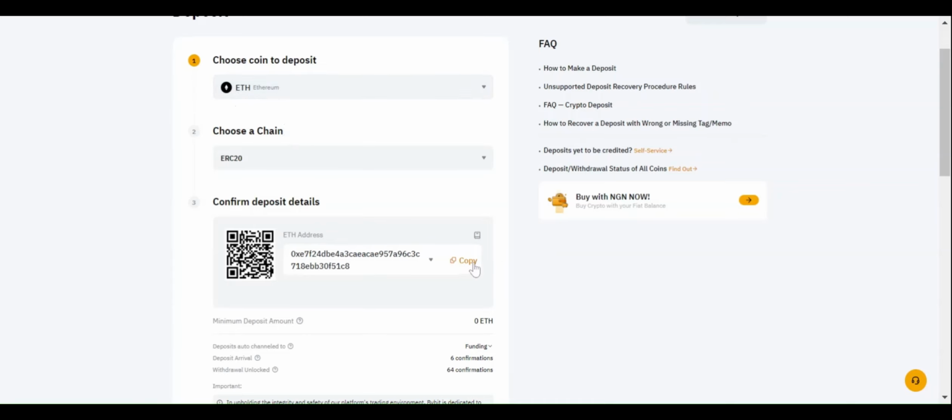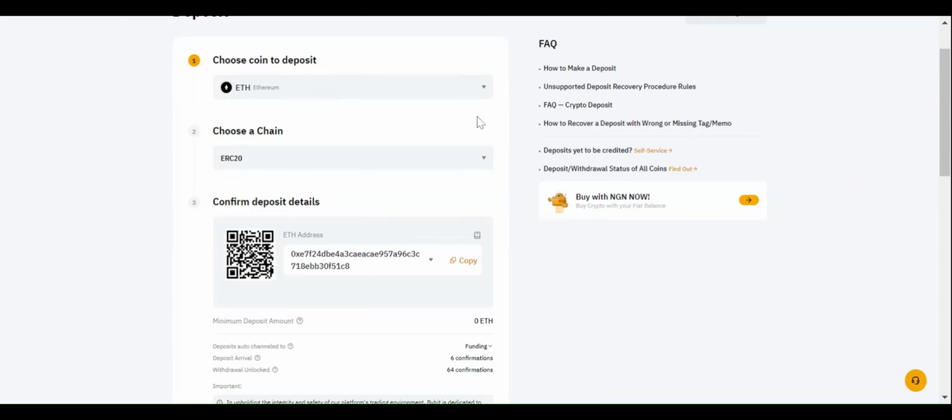So I would just need to copy this and then paste it wherever I'm sending the ETH from. It's just like a bank account, right? So assuming somebody else was sending it to me, I would just send them this address and then they would make the transfer to this address and it will arrive in my wallet.